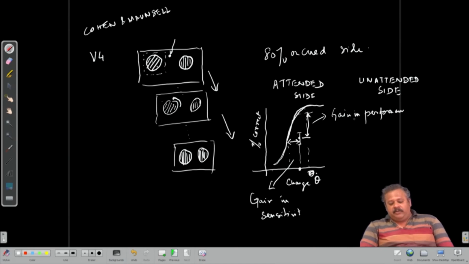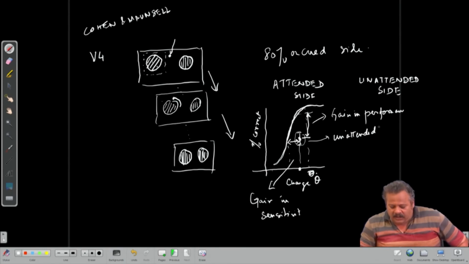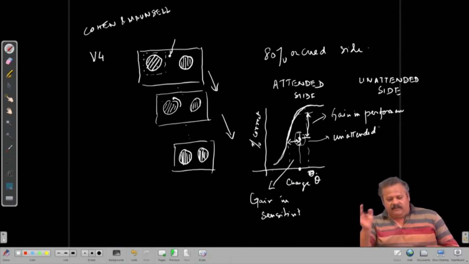These gains are because of attention. So, the performance that is here is the unattended performance, that is, even without paying any clear attention to that particular object, you are still from your peripheral vision somehow detecting the change. Whereas on the other side, you are actually focusing your attention on the left hand side, and your performance is based on your whole working memory continuously looking for a change on the left hand side.